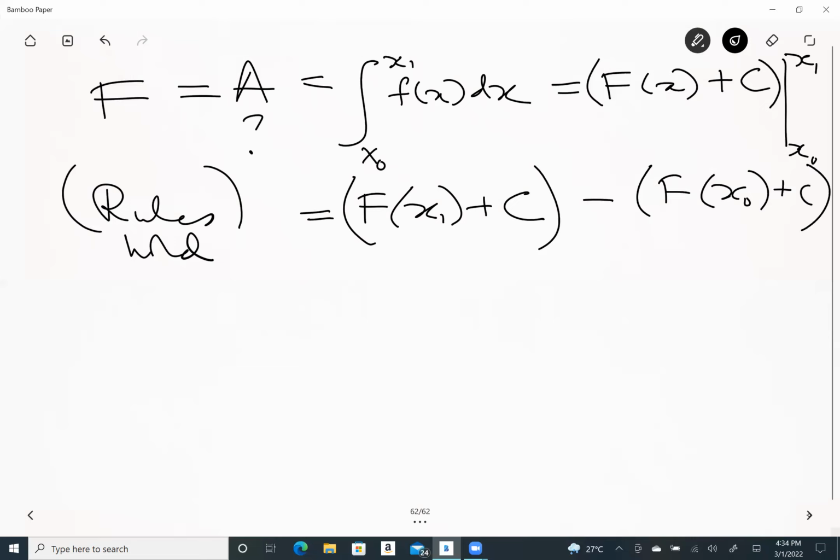So c and c cancel out. What I have is the value of the integral at x1 minus the value of the integral at x0. And that is a number, a value. We call it f or we call it a. All right, so I give you an example.